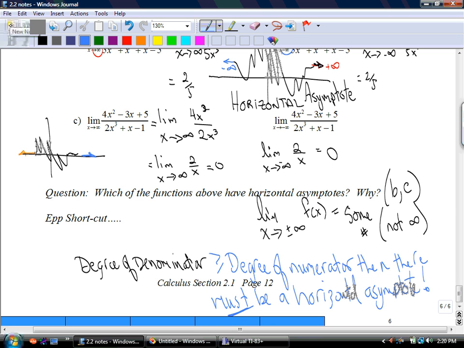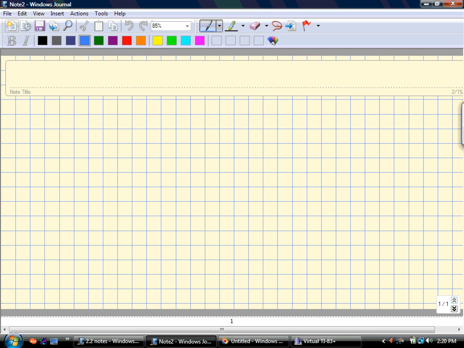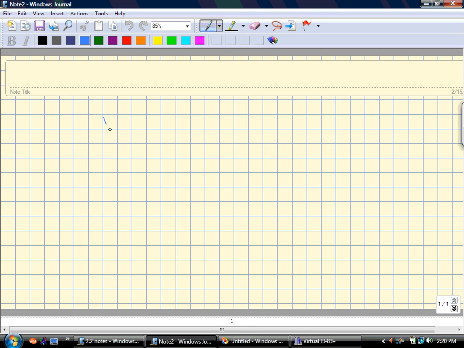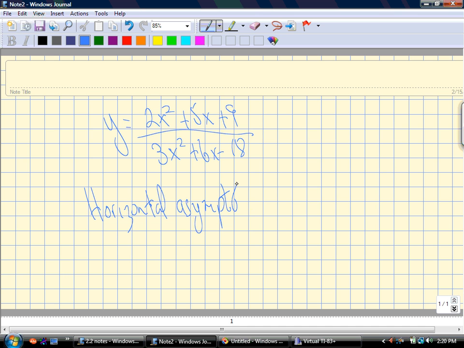So if we start with y equals 2x squared plus 5x plus 9 over 3x squared plus 6x minus 18. Is there a horizontal asymptote? Yes or no?